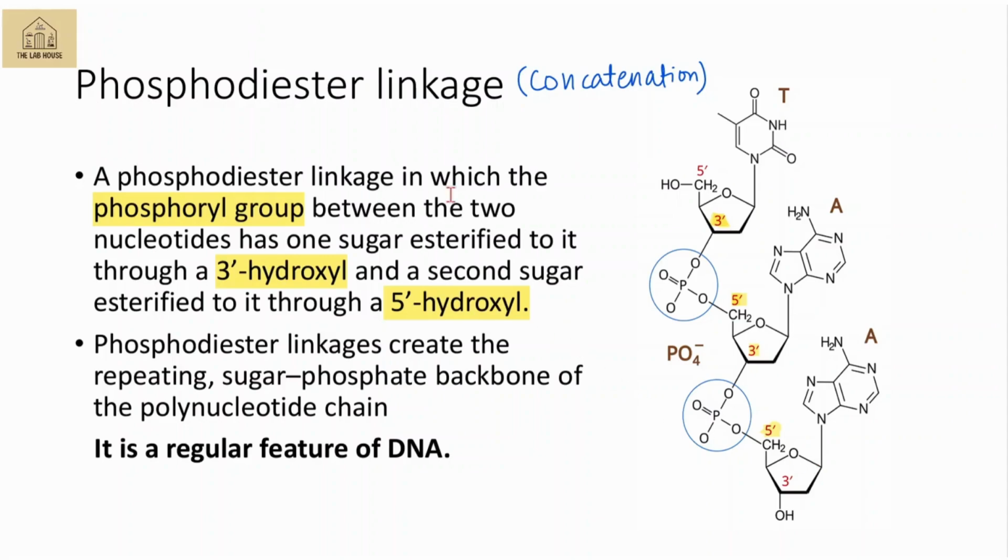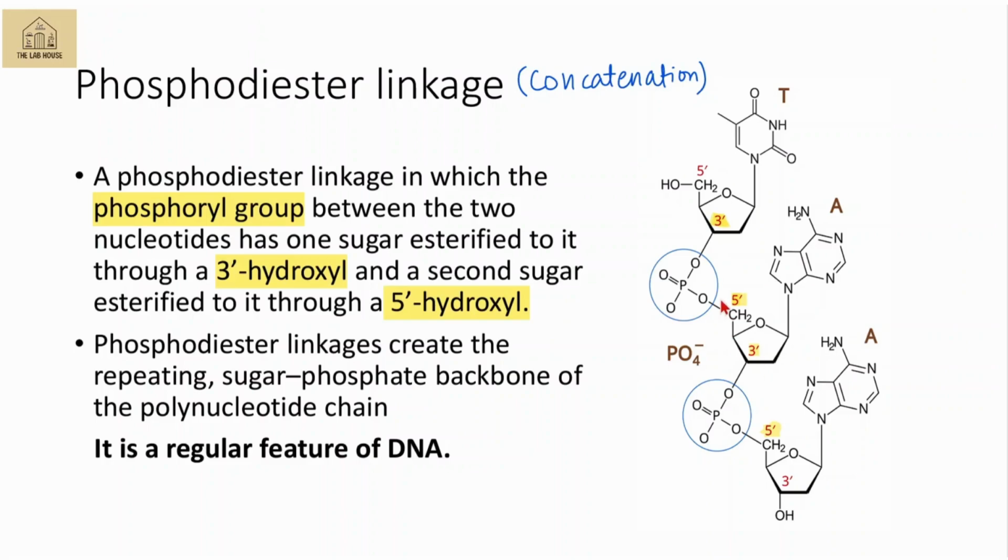So the phosphodiester linkage: the phosphoryl group between the two nucleotides has one sugar esterified through the 3-hydroxyl and a second sugar esterified through the 5-hydroxyl. Let me explain. This is a phosphoric acid and it forms an ester bond with the third carbon of the sugar of a nucleotide, and here the phosphoric acid forms an ester bond with the fifth carbon of the sugar of the next nucleotide.